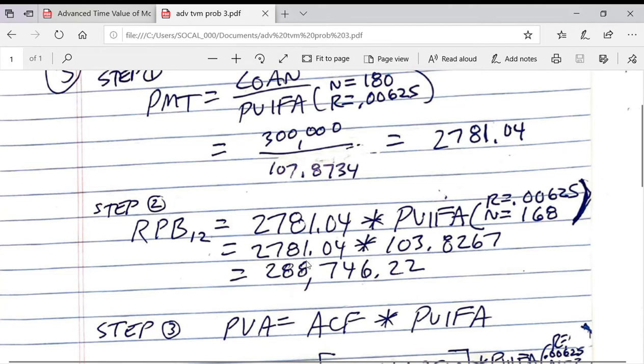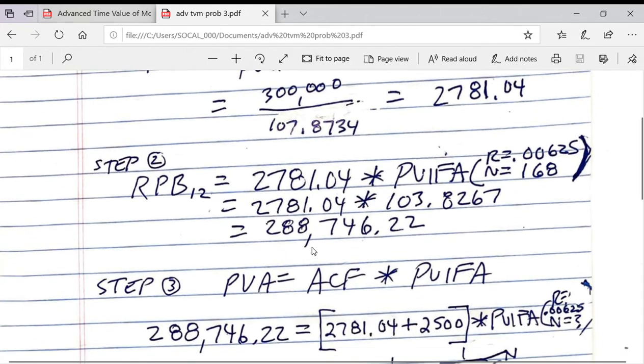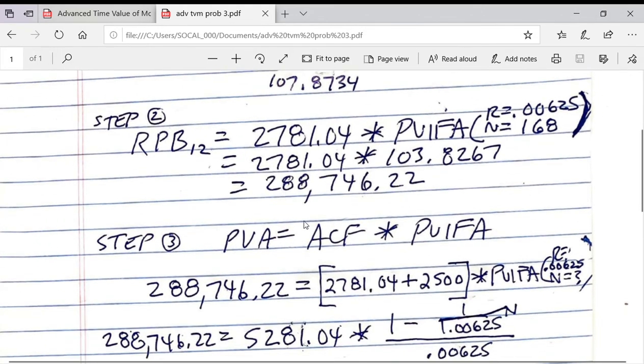Here we have 2781.04 times this PVIFA, which is 103.8267, and therefore we see our remaining principal balance at date 12 is $288,746.22.